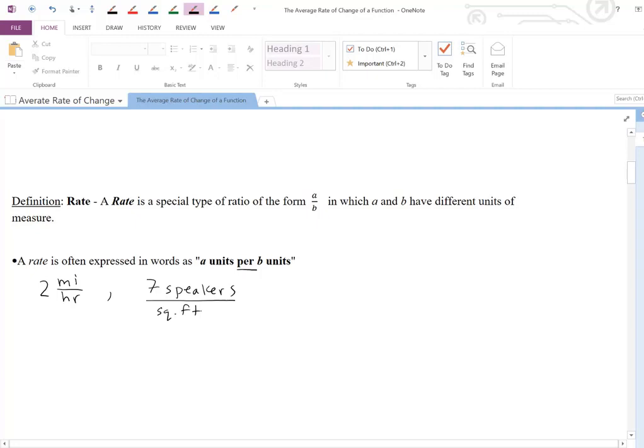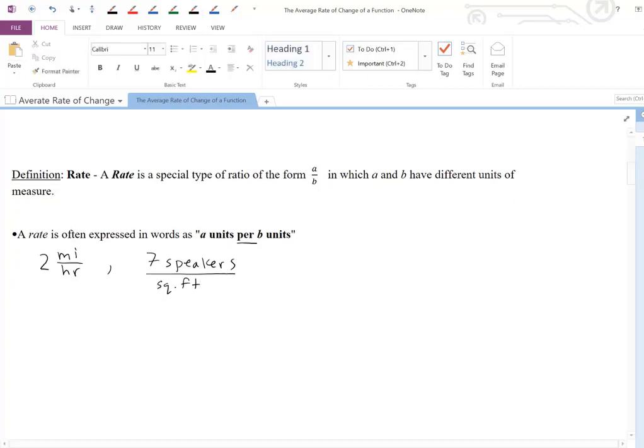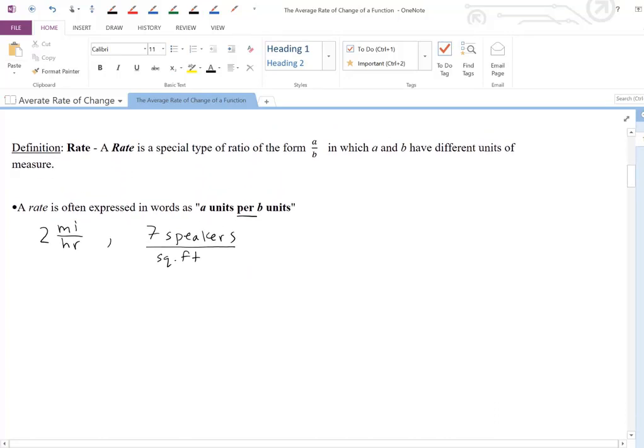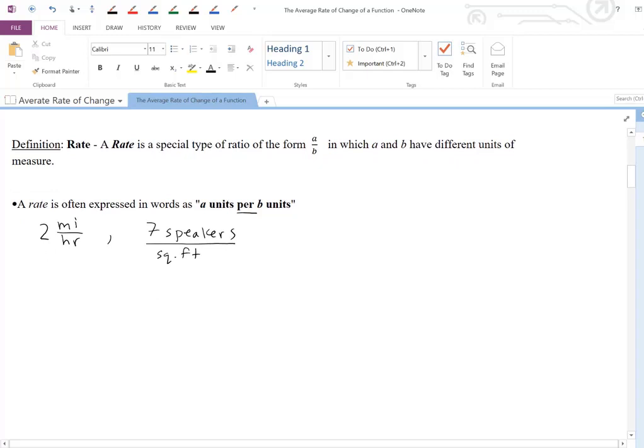So what we want to do is dive into the mathematics of it and what the conceptual meanings are. Oftentimes, by the way, a very common known type of rate is, of course, a velocity or a speed.